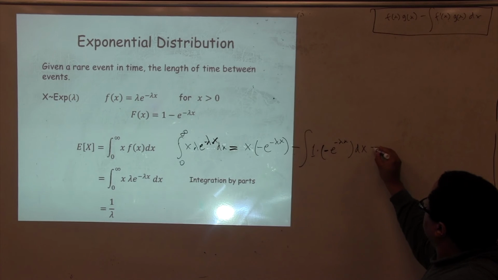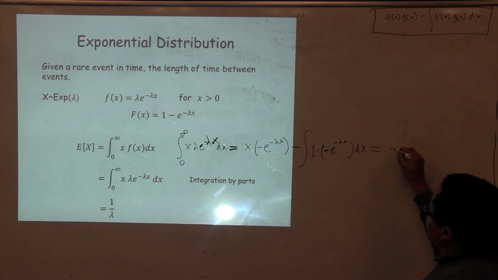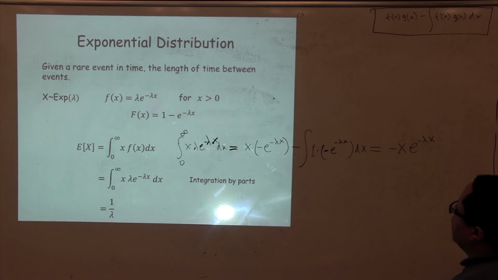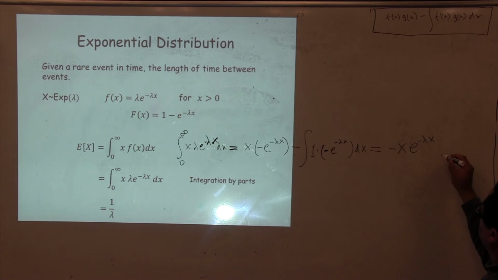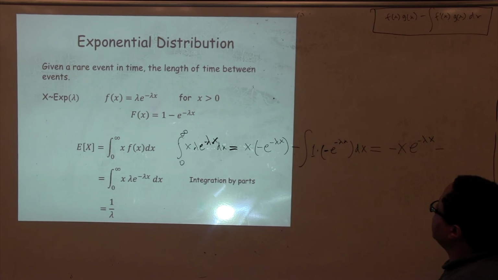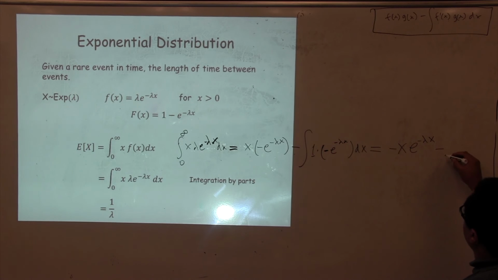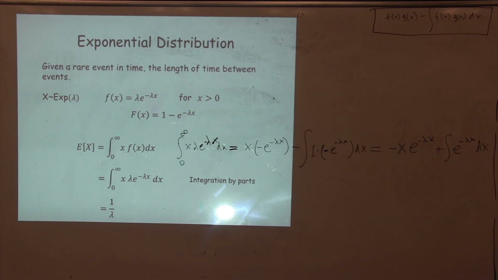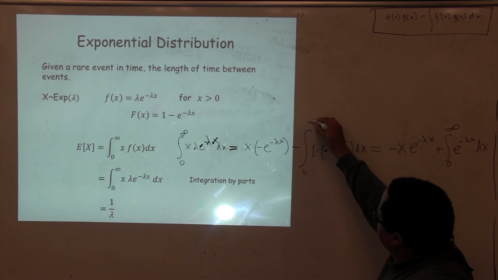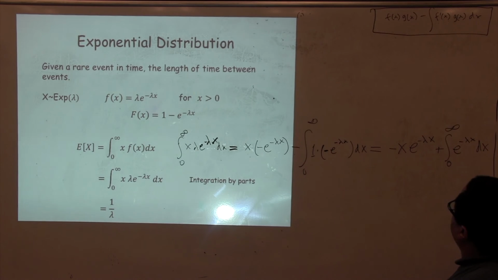That's equal to a minus x e to the minus lambda x, and then minus 1 times the minus, so that's plus the integral of e to the minus lambda x dx, between 0 and infinity, because that doesn't change.